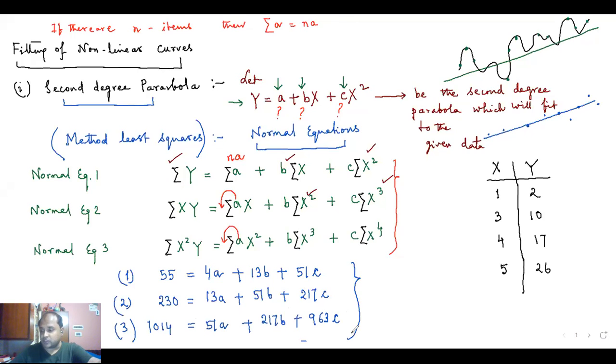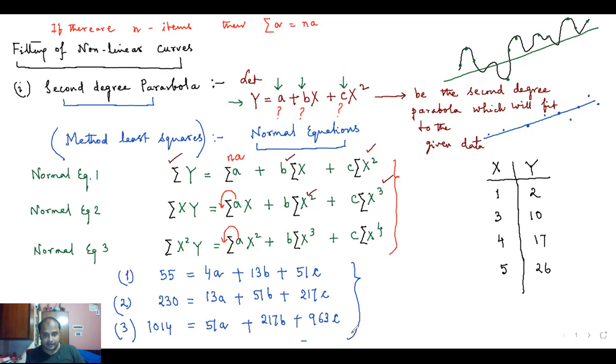So this is the set of equations, and you need to solve this set of equations to find A, B, C. Now, can you do it? This is the question. I ask all of you to find this by any rule.